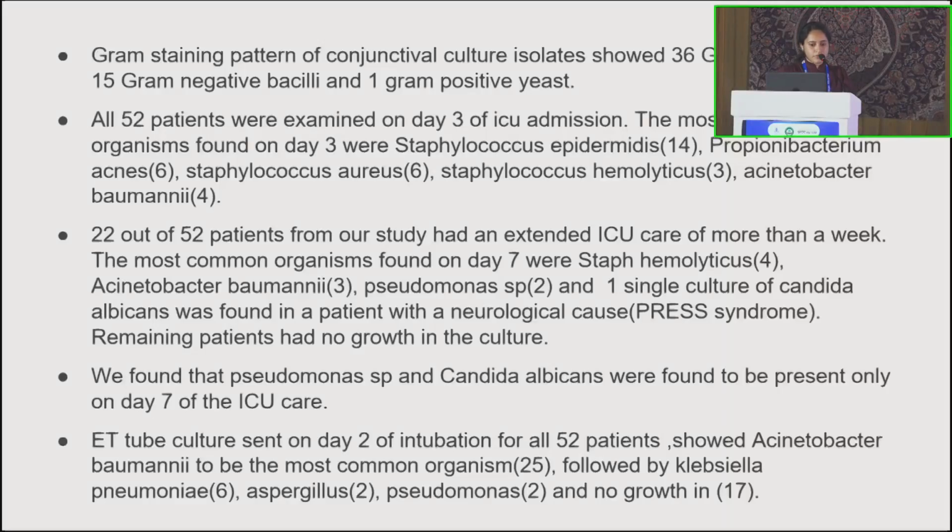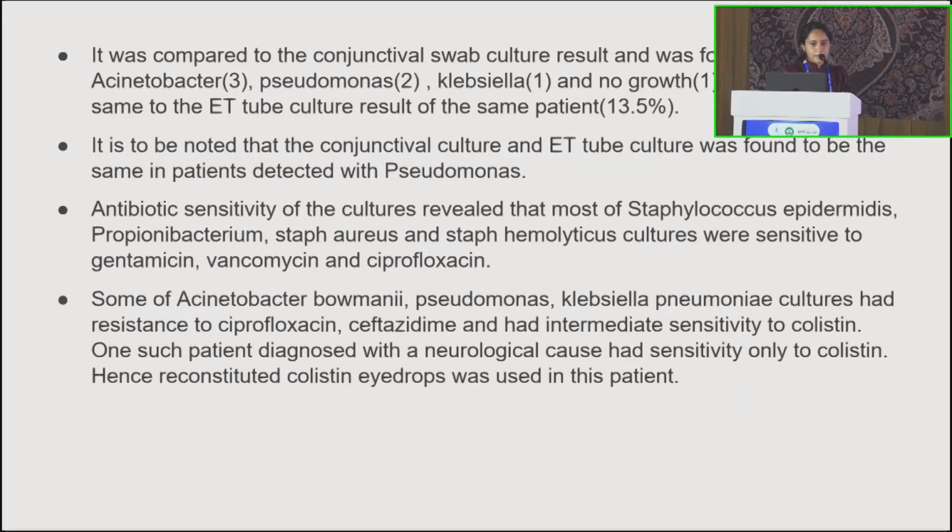We found that the Pseudomonas and Candida organisms were present only on day 7, and the ET tube cultures showed Acinetobacter as the most common organism, followed by Klebsiella, Aspergillus, and Pseudomonas. We compared the conjunctival swab and the ET tube culture, and in 13.5% of patients it was found to be similar. Antibiotic sensitivity revealed most of the Staph epidermidis, Propionibacterium, and Staph aureus were sensitive to gentamicin, vancomycin, and ciprofloxacin, and some showed intermediate sensitivity to colistin.